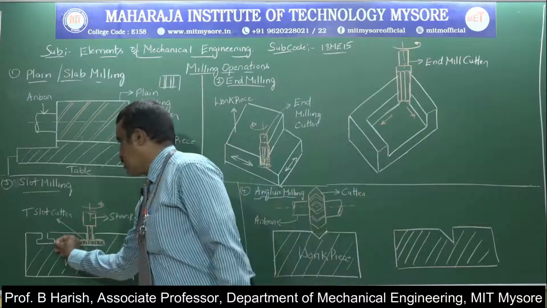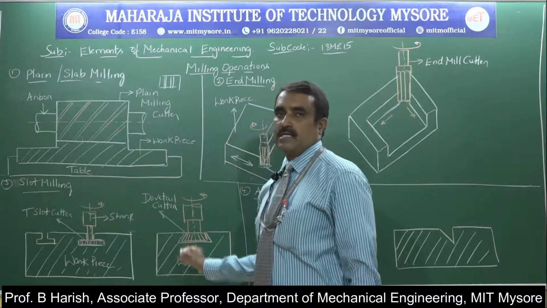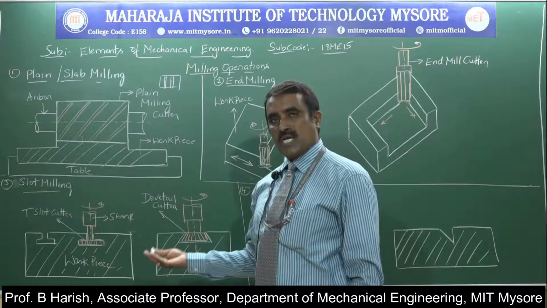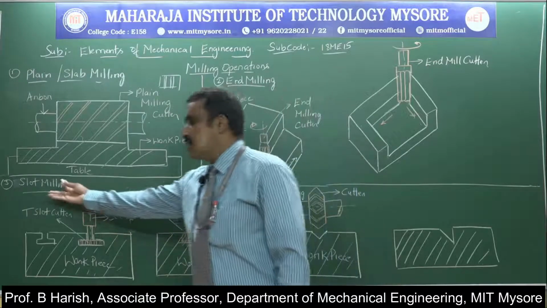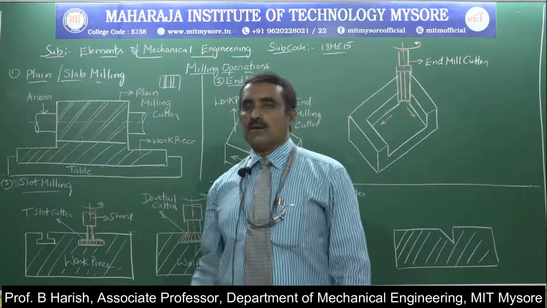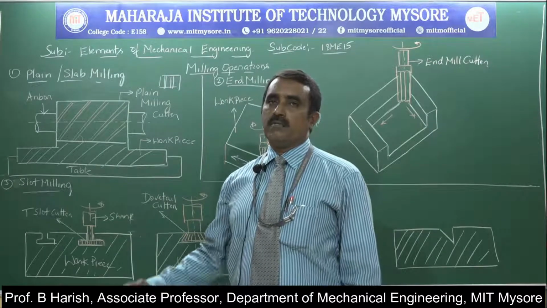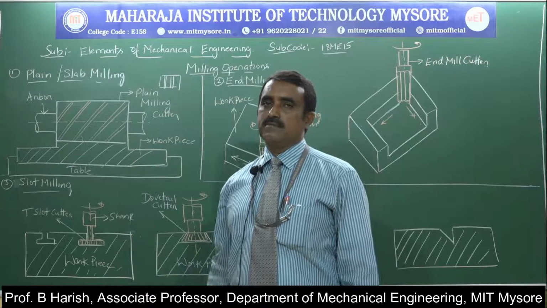In T slots the edges will be vertical, while here the edges will be at an inclination. Whatever the slot, whether it is a T slot or a dovetail slot, it comes under the slot milling operation. Slot milling is an operation performed on a milling machine in order to cut slots on a given workpiece.